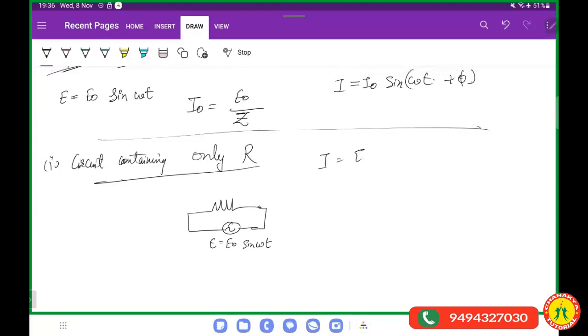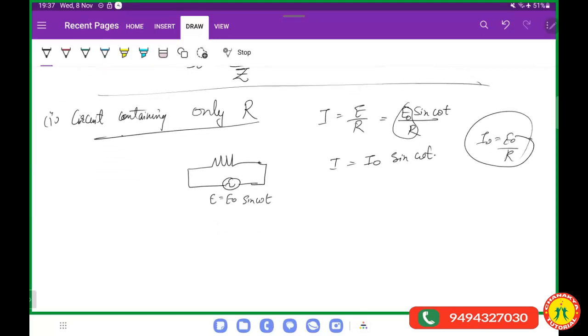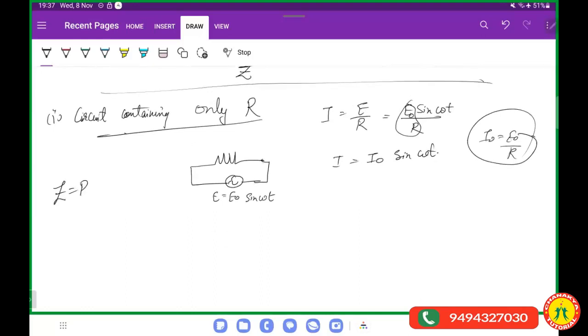I equals E by R, which is E naught sine omega t by R. So I equals E naught by R, which is I naught, sine omega t, because I naught equals E naught by R. So in this case, Z is equal to R.